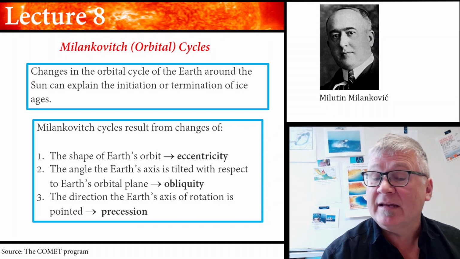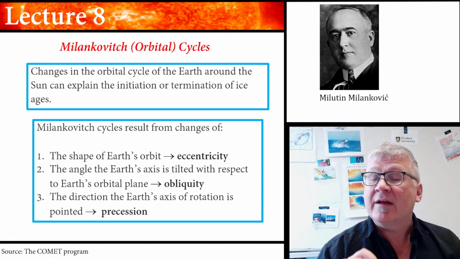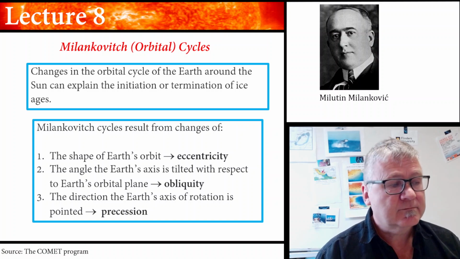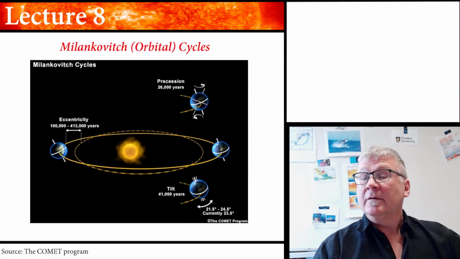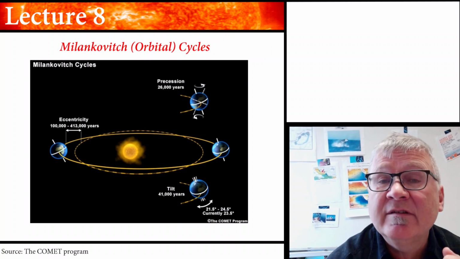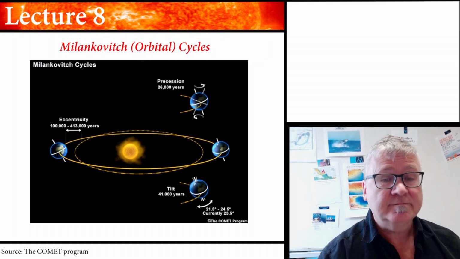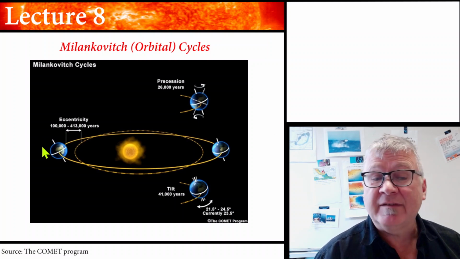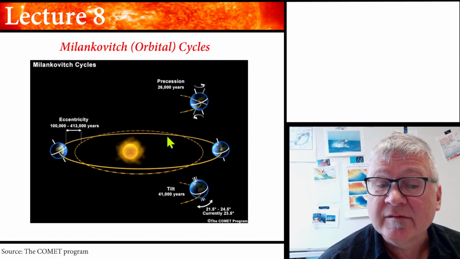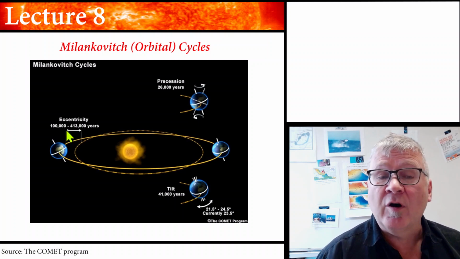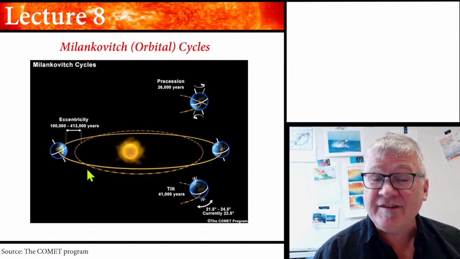We call changes of this direction precession. These three different types of cycles are shown in this sketch. You can see the Earth path around the Sun, and three different types of variations that you get.